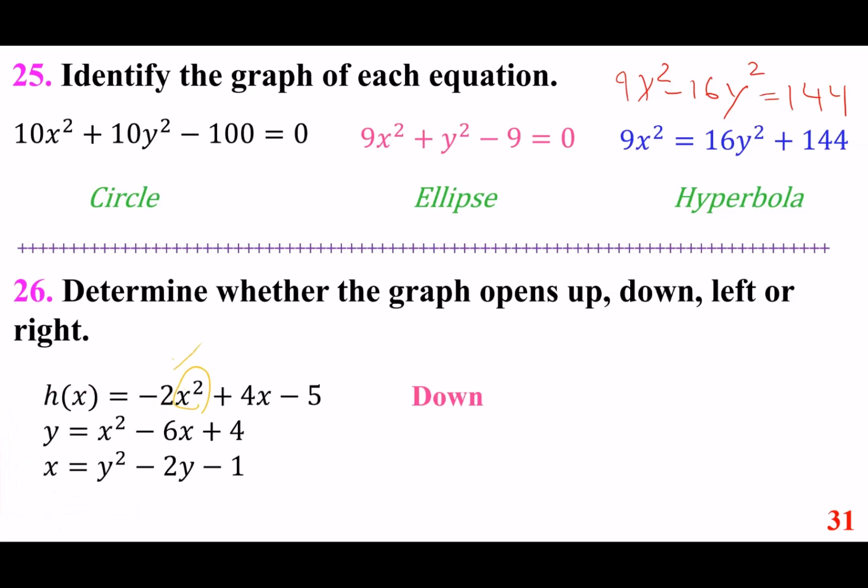Quadratic with respect to x, again, opens up or down. The coefficient is positive, so it opens up. Quadratic with respect to y, therefore it opens either to the right or to the left. Because the coefficient is positive, it opens to the right.